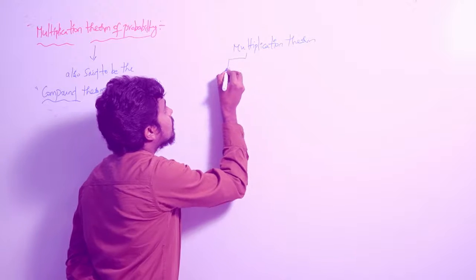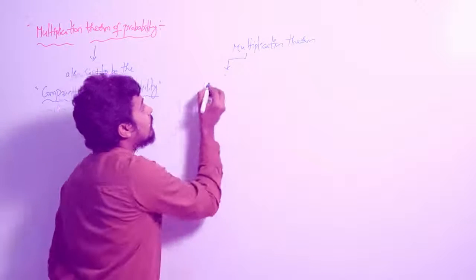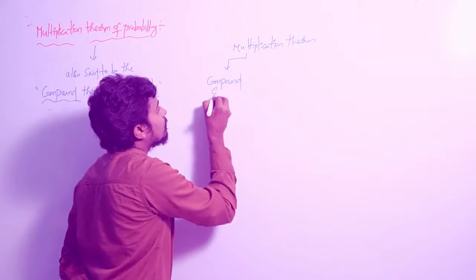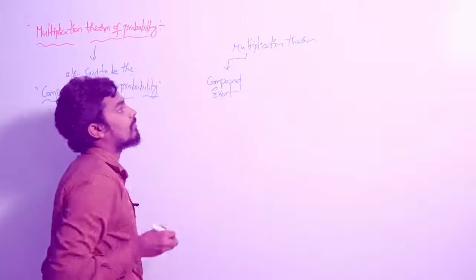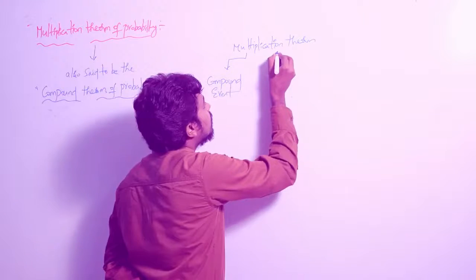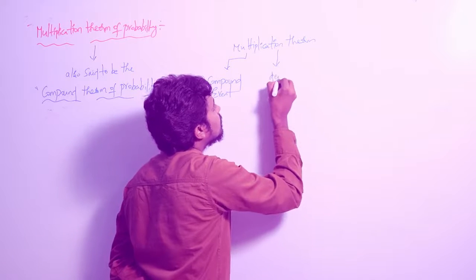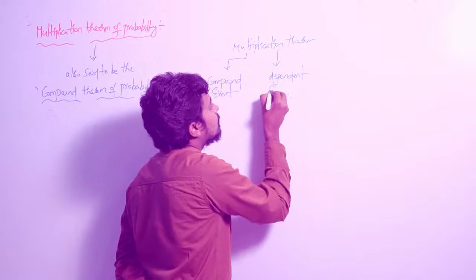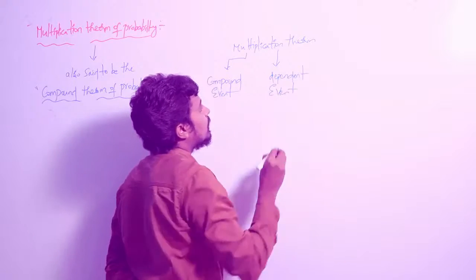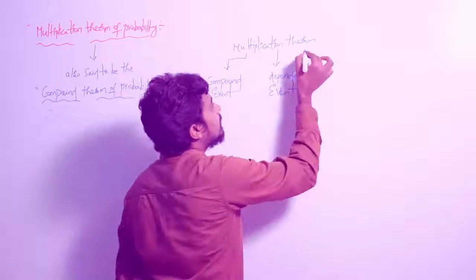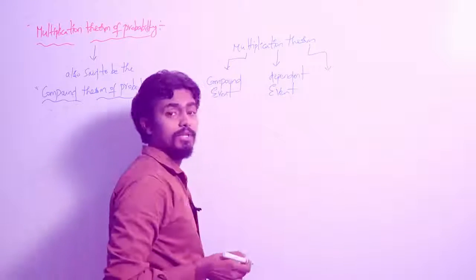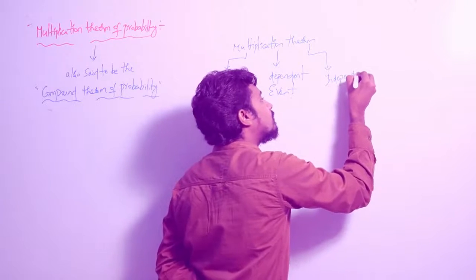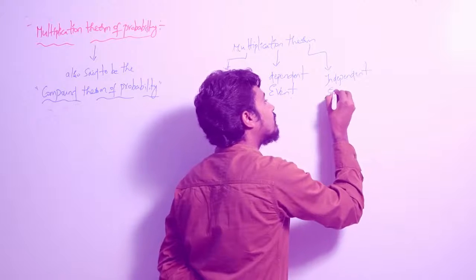First part is the compound event, next is the dependent event, and third is the independent event.